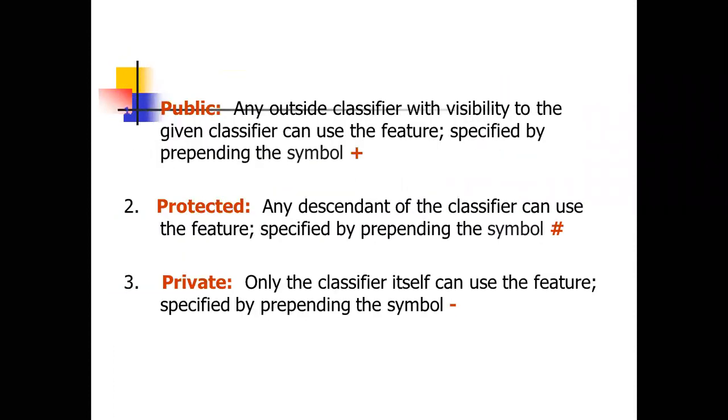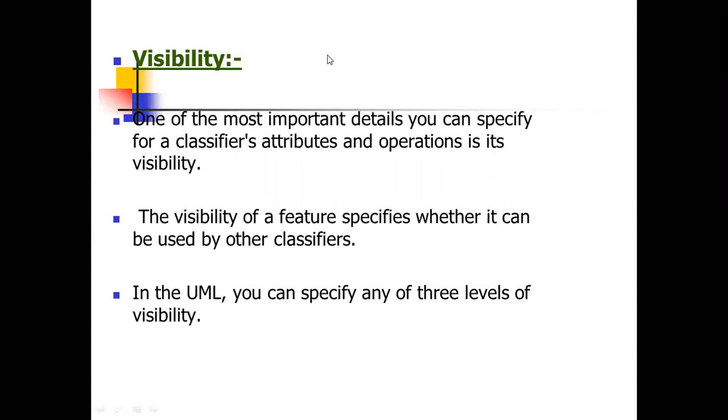So the next part is visibility. There are three visibilities. It is the important part, that we have to give the visibility to all the parts, the attributes or the operations of the class.